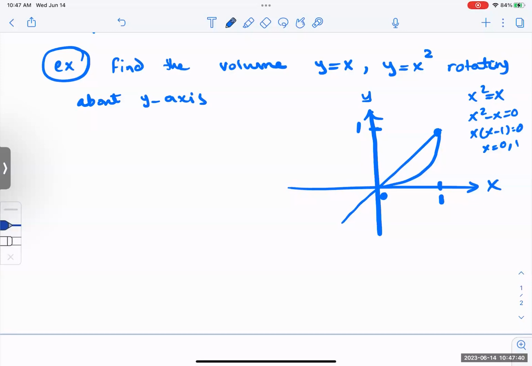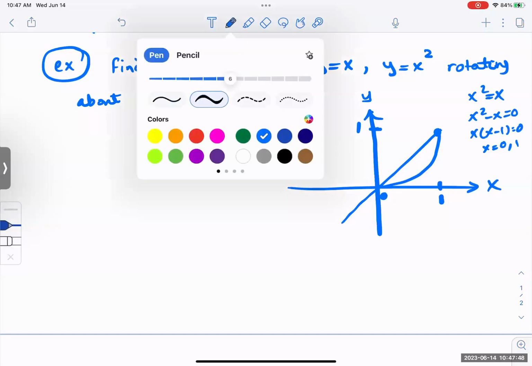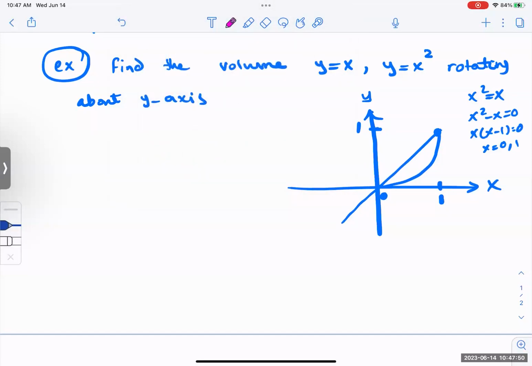Okay, any questions? Now you want to use the cylindrical shells method to find the volume. You may compare with the washer method, but with cylindrical shells, you just randomly take one cylinder and rotate it. It says rotate about the y-axis, so you're rotating this cylinder about the y-axis.